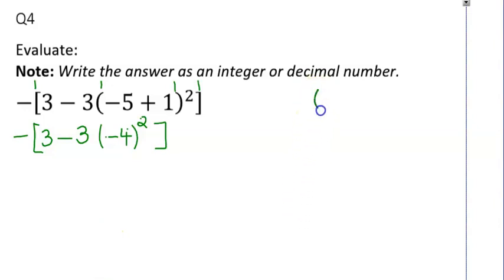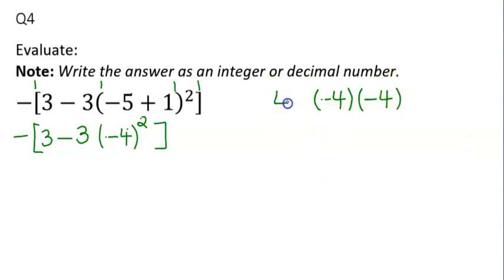What is negative 4 times negative 4? Exponent means multiply the base by itself twice. This is the number 16, positive, right? And then I replace it.